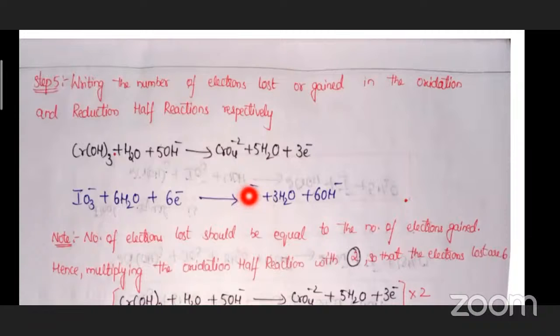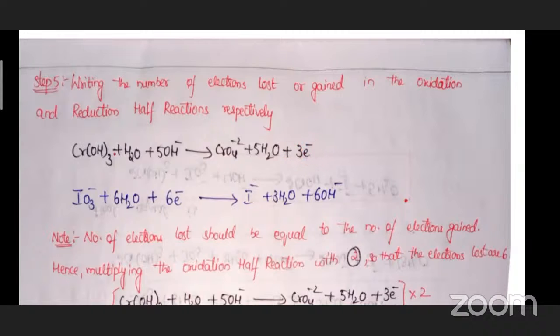Okay. Now you see, what we have to know is 3 electrons are lost by chromium, but 6 electrons are gained by iodine. So these numbers are not equal. So what we have to do? I should multiply this whole equation by 2, so that 3 into 2 becomes 6 electrons.